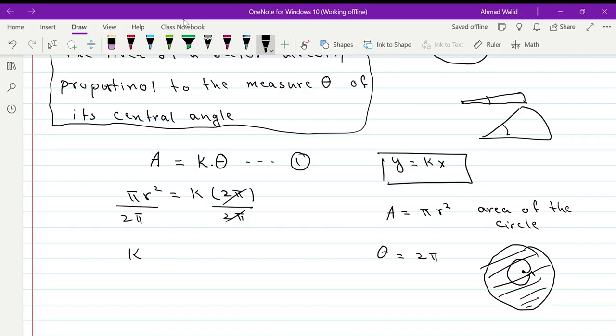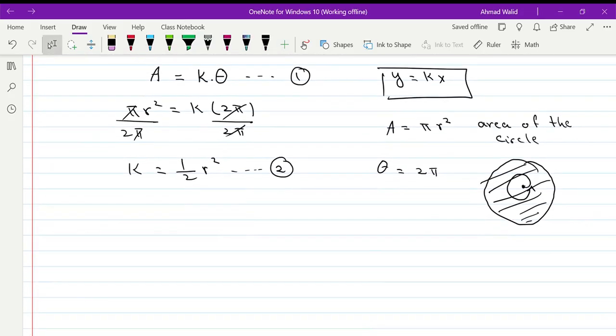You can say k equals, pi cancels out with this pi, 1/2 of r squared. Let's name this one equation number 2. Let's take the value of k from equation number 2 and plug it in equation number 1. Then your equation number 1 becomes A equals 1/2 of r squared theta.